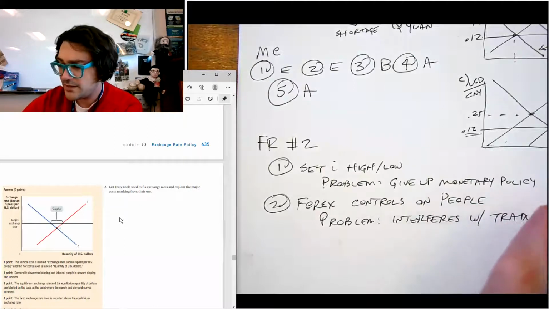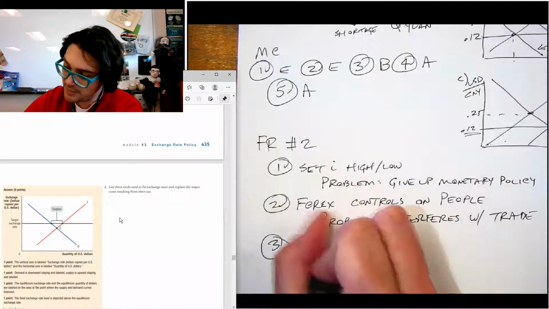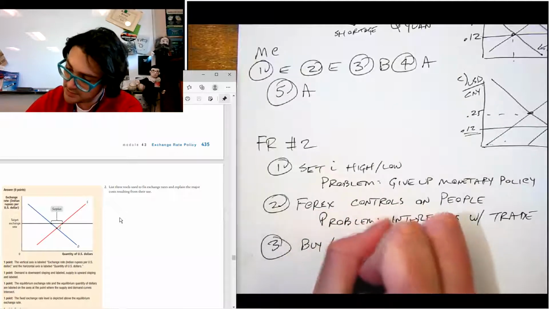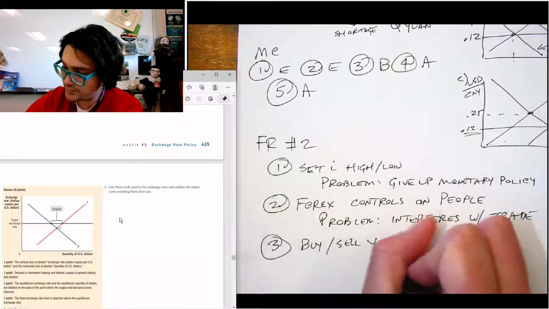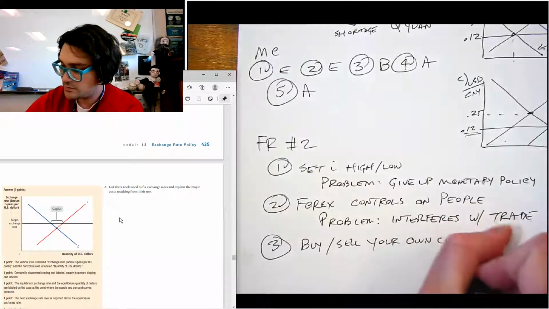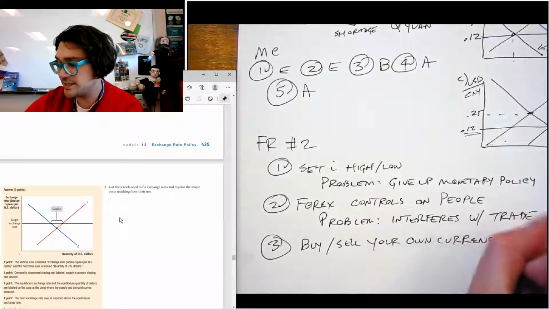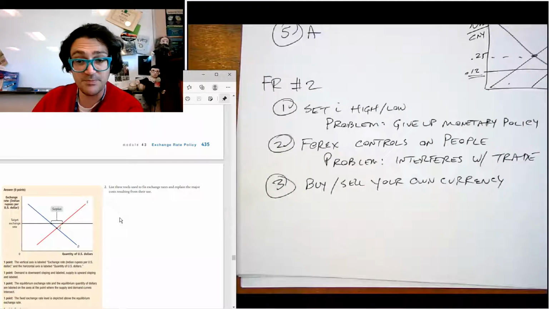And then the third one is you can buy and sell your own currency. So like if you were China and you wanted your currency to be really cheap, you could sell your own currency and try to buy up basically US dollars.